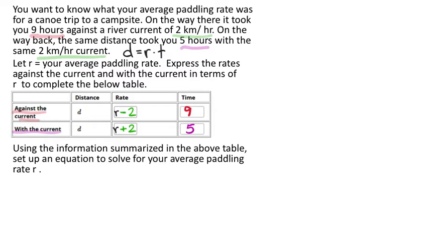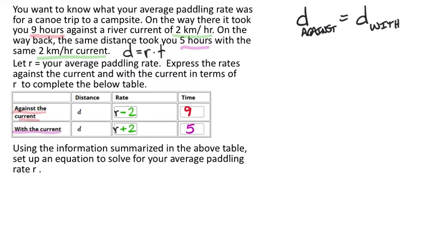But now we need to fill in some kind of equation, right? Now the basis for our equation is you have the distance, which is the same whether you're going against the current or with the current. So we know the distance.